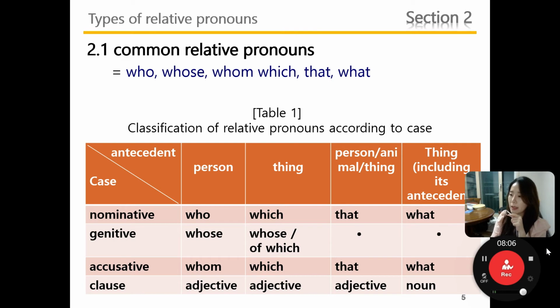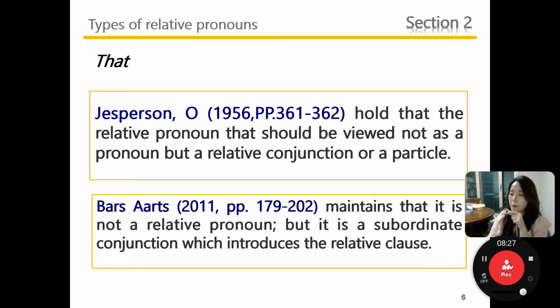What includes its antecedent in itself and appears in the nominative or accusative case, usually functioning as a noun phrase that occurs in the subject, object, or complement position. I will explain theories of the relative pronoun that in the following slide.